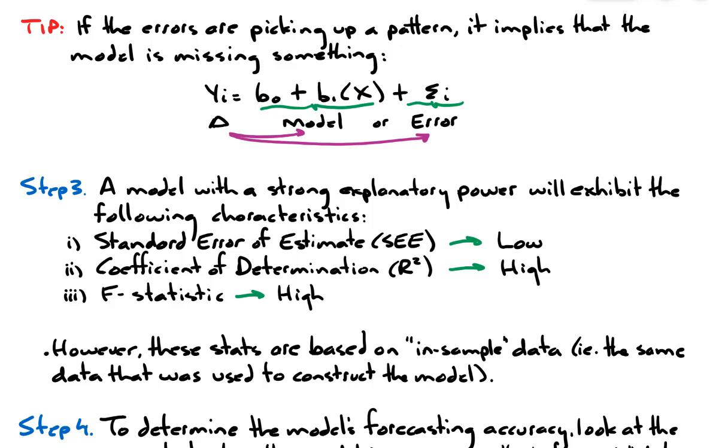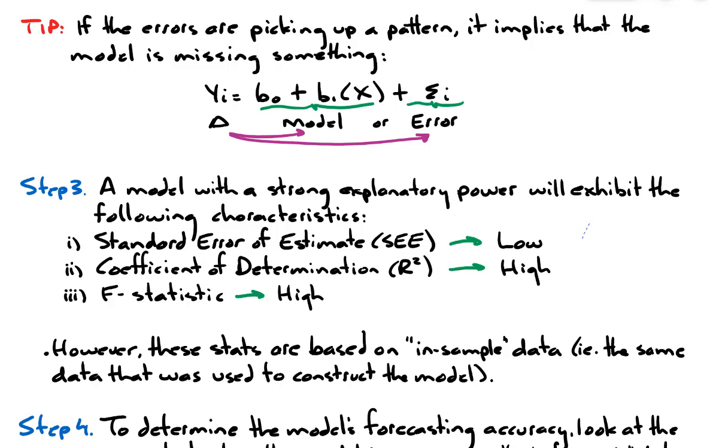When you use a data set to construct the model, by definition, it will be the line of best fit. So of course you're going to get the best results for these statistics, because when we calculate beta 1 and beta 0, it's trying to make the best fit through the data.